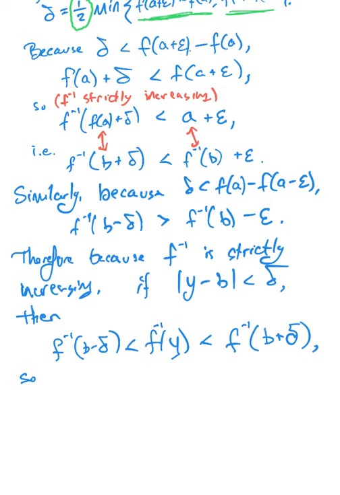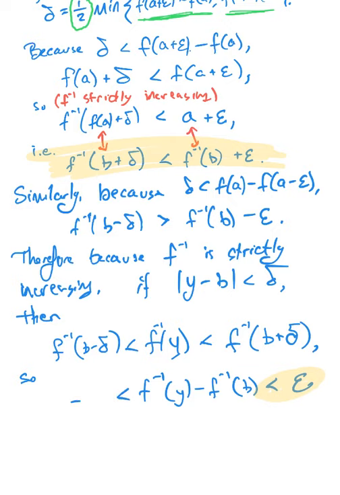Okay. So now if we look at f inverse of y minus f inverse of b, on the right hand side, if you took f inverse of b plus delta and you subtract f inverse of b, the inequality we showed above says that this is less than epsilon.